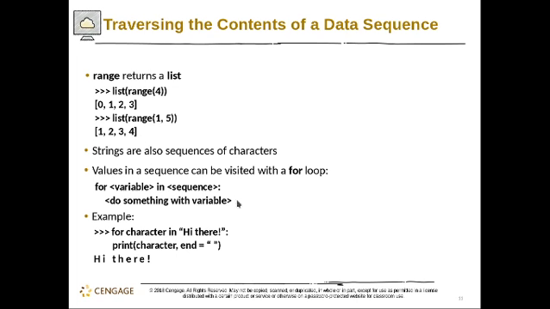So strings are also a sequence of characters. So values in a sequence can be visited with a for loop. So for example, for a variable in a sequence, do something to this variable. For example, for the character in Heider, basically this is your string, print each character and put a space at the end.